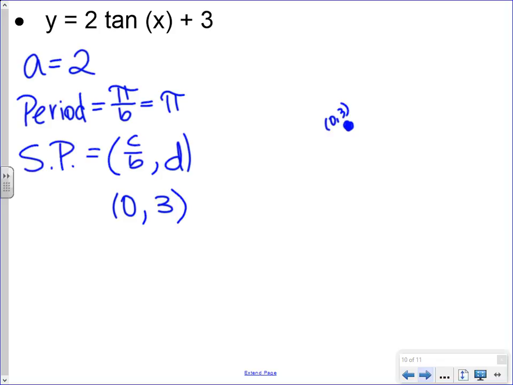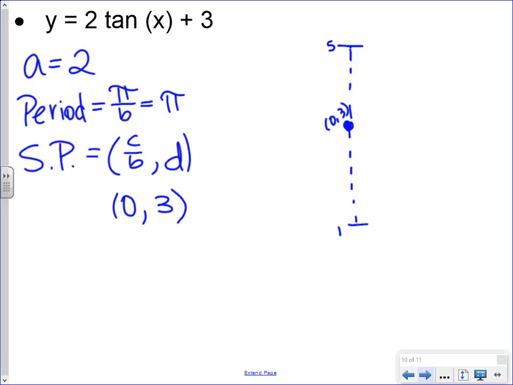start from the starting point, and we're always going to go up A and down A. So we're still going to go up 2 until we reach 5, and down 2 until we reach 1. Now the difference is we put half a period on each side of our starting point. So since our period is length pi, when we cut it in half, that would be pi over 2.